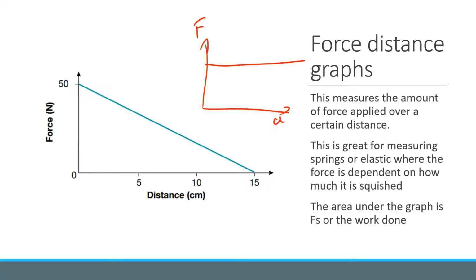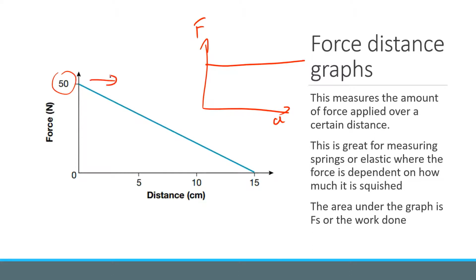For example, this is great for measuring elastics and springs, where the force is dependent on how much it's squished. So have a look at this. This could be an example of a spring. If you squish a spring up, it can apply 50 newtons worth of force.